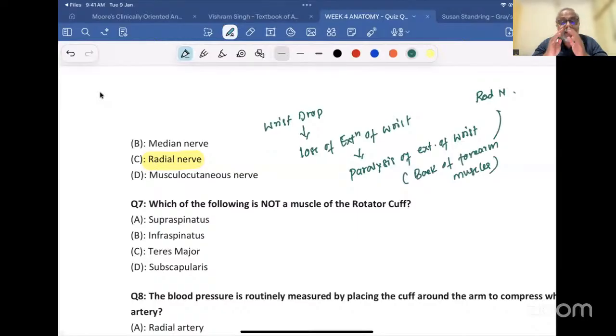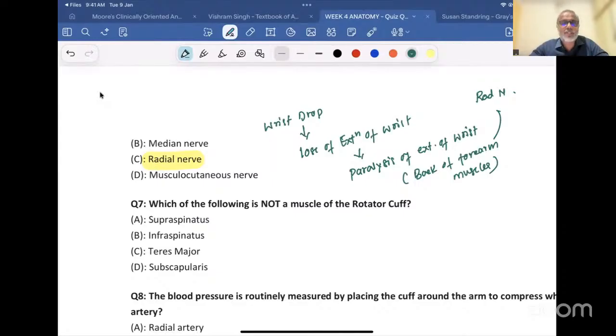Now, when I say directly, remember the brachioradialis, extensor carpi radialis longus, and then supinator, right? Not supinator, it's anconeus. So these three muscles are innervated directly by the radial nerve, whereas all other extensor muscles, you take any other extensor muscle of the forearm, right?